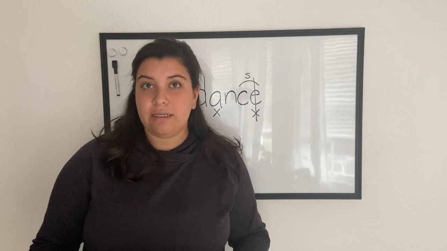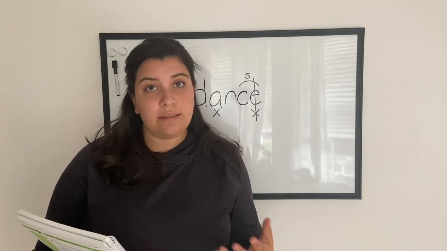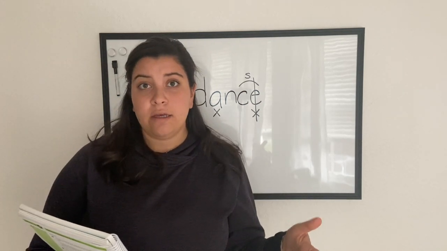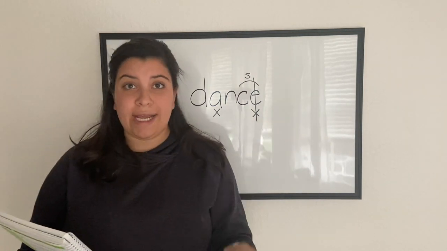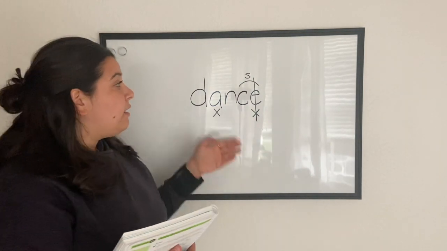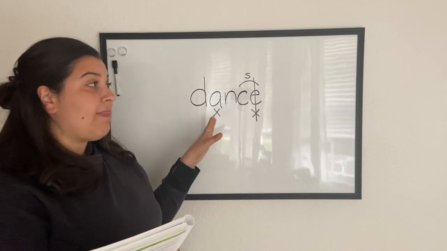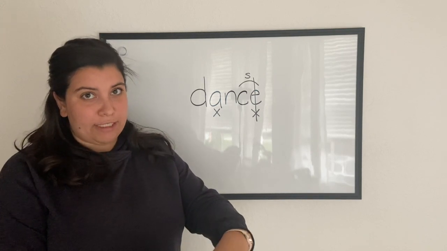In other silent E words we've proven, like race, there's only been one consonant between silent E and the long vowel A. So the difference between our word dance and our word race is that dance has two consonants between the silent E and that vowel. So the vowel will remain short.